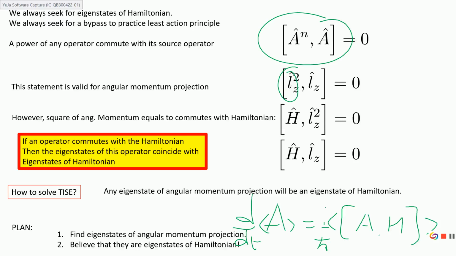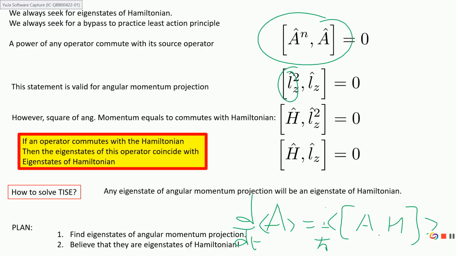So instead of finding eigenstates of the Hamiltonian, we can find eigenstates of Lz, which is simple, just one derivative. But because of this commutation, eigenstates of the Lz operator at the same time will be eigenstates of the Hamiltonian. And also eigenstates of Lz squared.